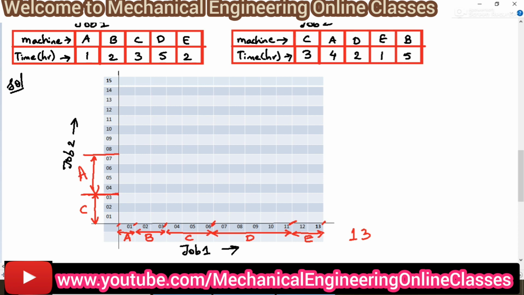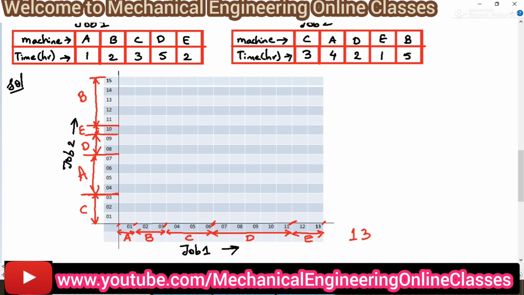So by the end of 7 hours, it will be done with machine C and machine A. Then for the next 2 hours, it will be with machine D. For the next 1 hour, it will be with machine E. And 5 hours, it will be with machine B. The total processing time that job 2 requires for all the processes to be completed is 3 plus 4 plus 2 plus 1 plus 5, which is 15 on a cumulative basis.